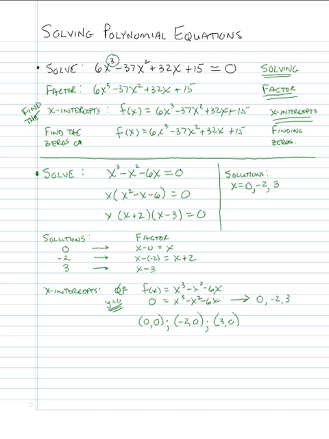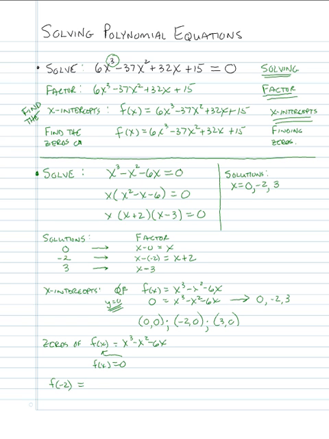Now, one last thing. Zeros of f of x equal x cubed minus x squared minus 6x are the values of x that cause f of x to be equal to 0. Well, if f of x is 0, that's solving that equation again, isn't it? Just as an example, if we use an x value of negative 2, that's a 0 of the polynomial.